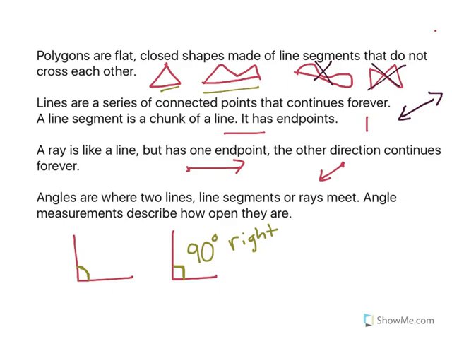I know it looks like one straight line, but if that were an angle and those were the two line segments that met there, could you guess what that measurement would be? Well, if you draw a line right here, you can imagine this would be 90 and that would be 90. So this would be 90 plus 90, which is a 180-degree angle.